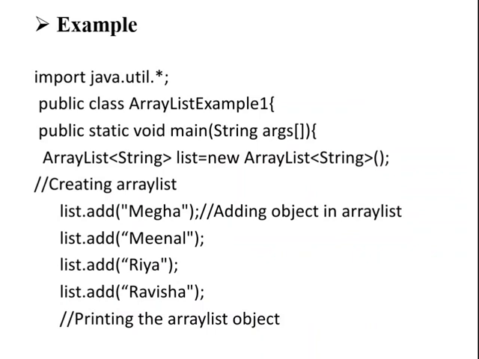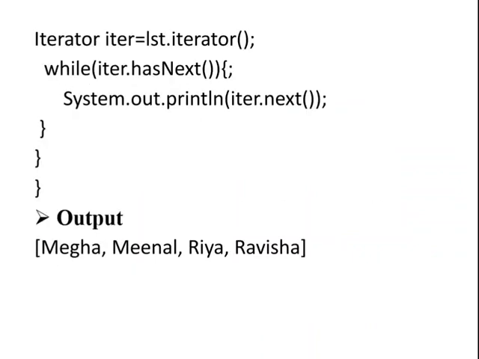Then lst.add("Ravisha"), adding the name Ravisha into the list. Iterator itr = lst.iterator(); while (itr.hasNext()) System.out.println(itr.next()); curly brackets complete. This is the program that represents how we can use the array list. The output of this program consists of the names in the list: Megha, Minal, Ria, Ravisha. This is the output for this program.